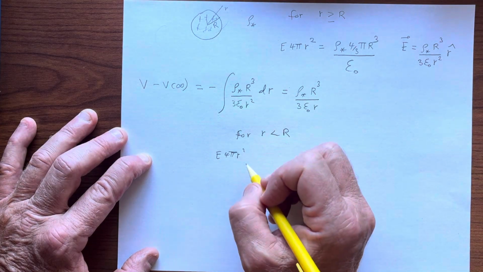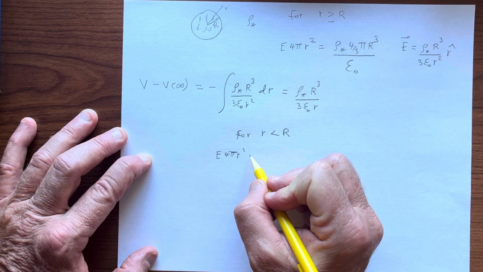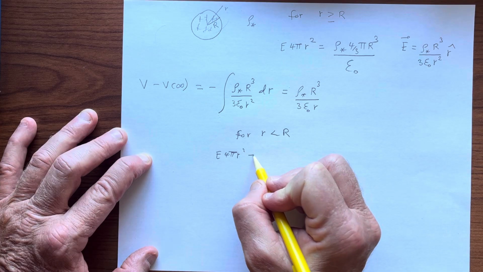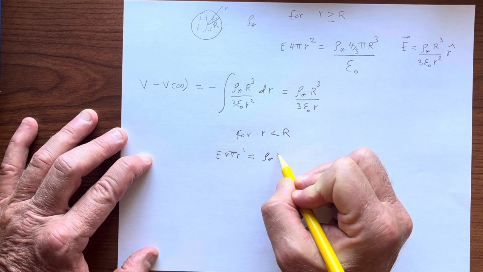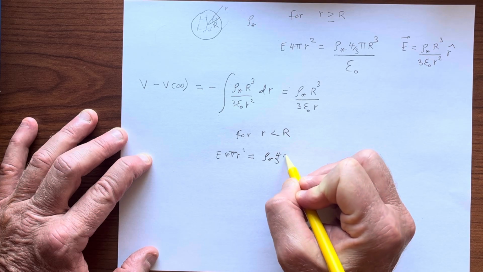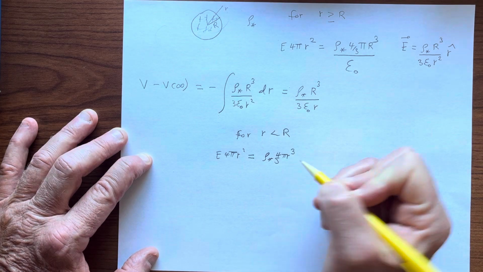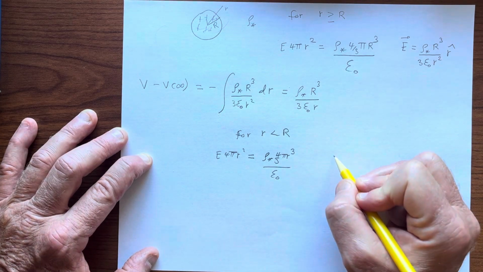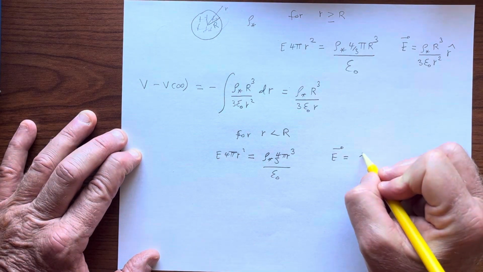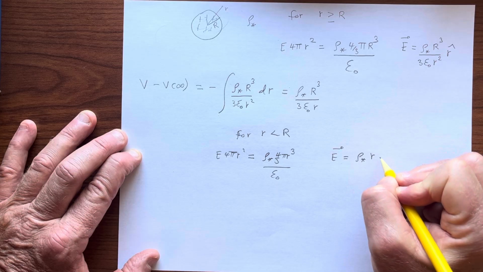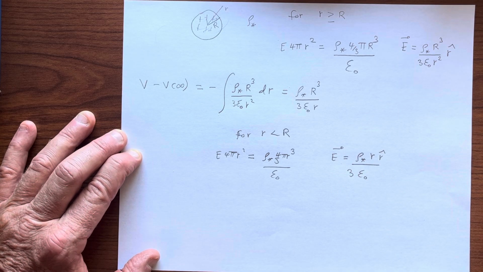So it's an infinite collection of imaginary spheres inside the sphere of radius capital R, and on the right-hand side we need to use the charge density to find how much charge we have. So it depends on how large our sphere is. So it's 4 pi little r cubed over epsilon naught. That gets us an electric field, which is rho star little r, of course, we have an r hat, over 3 epsilon naught. And that's the thing we need to integrate.